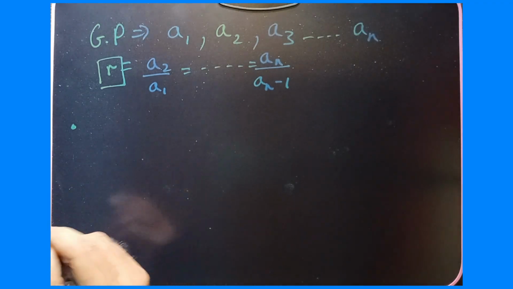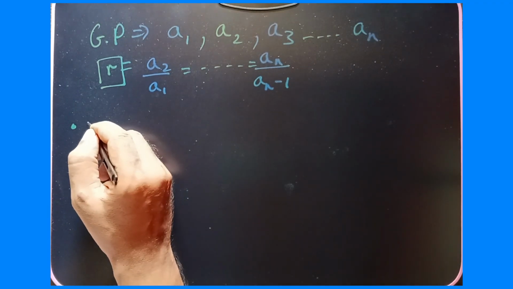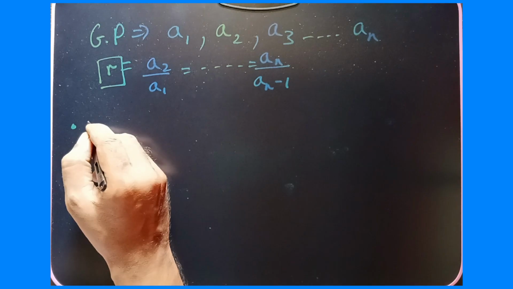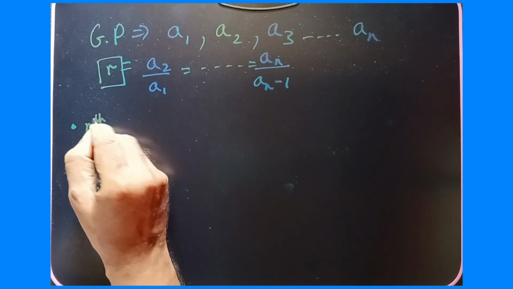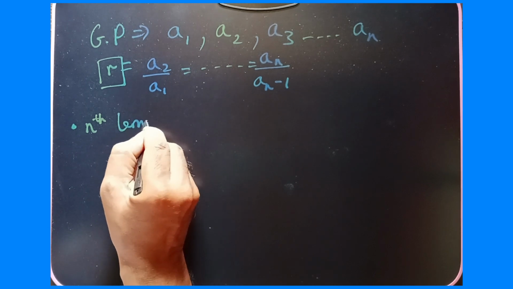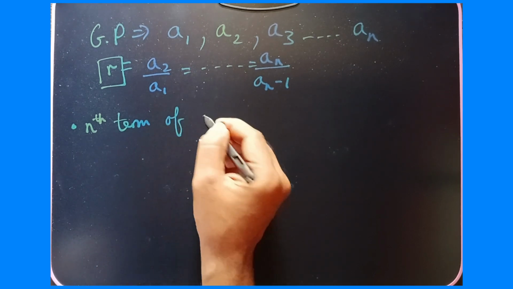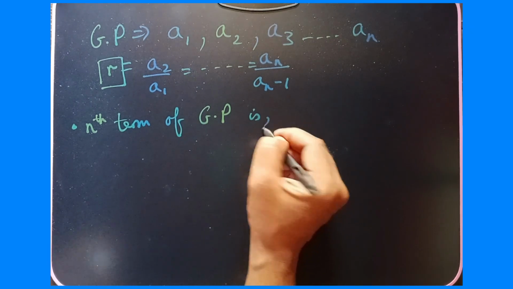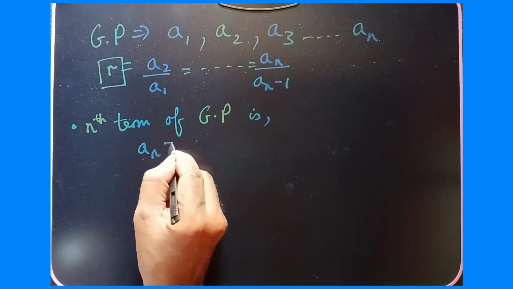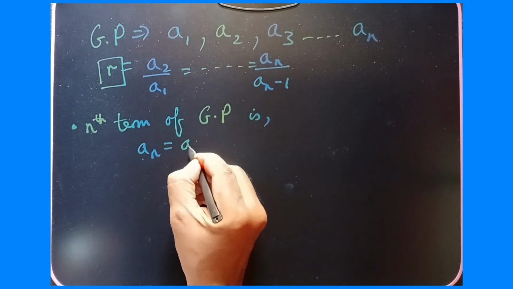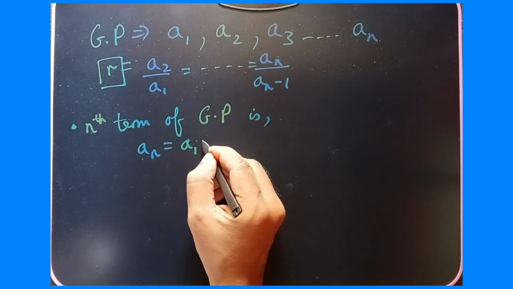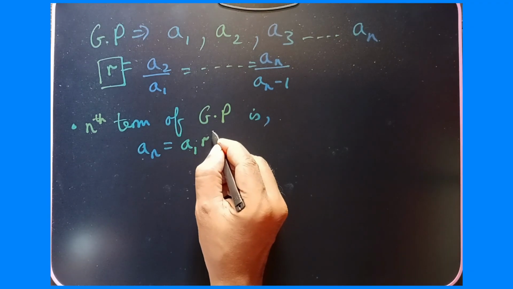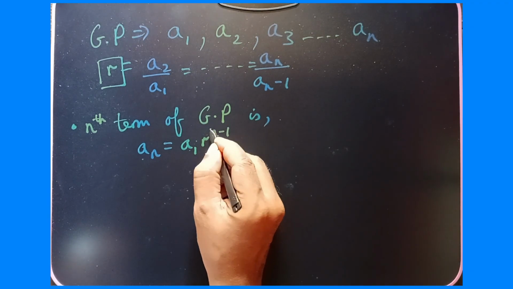Now the formulas. Nth term of a geometric progression is given by the first term multiplied by the ratio raised to the power of n minus 1.